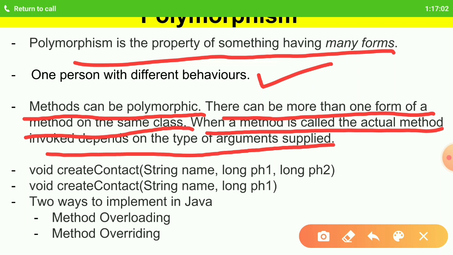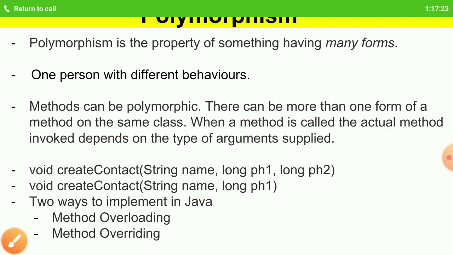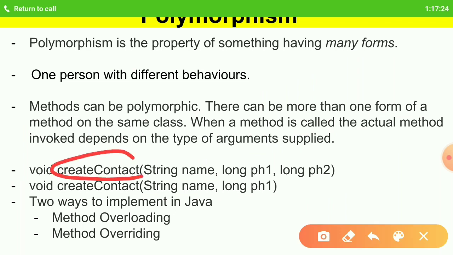When two functions have the same name, see, this is a function. Both of these lines here represent a certain function. Both functions have got the same name. Notice createContact, they have the same name. This is known as method overloading.